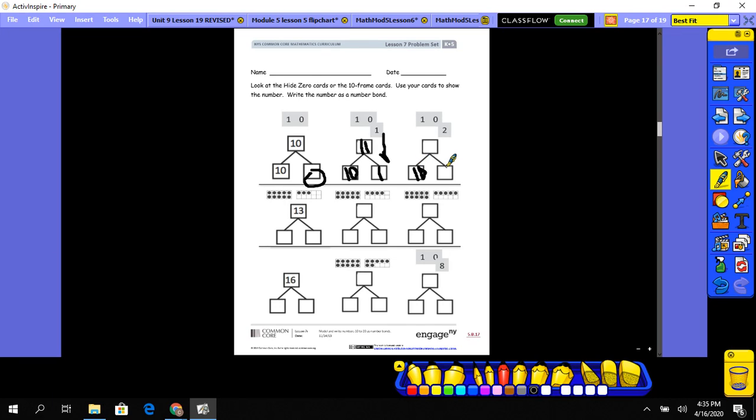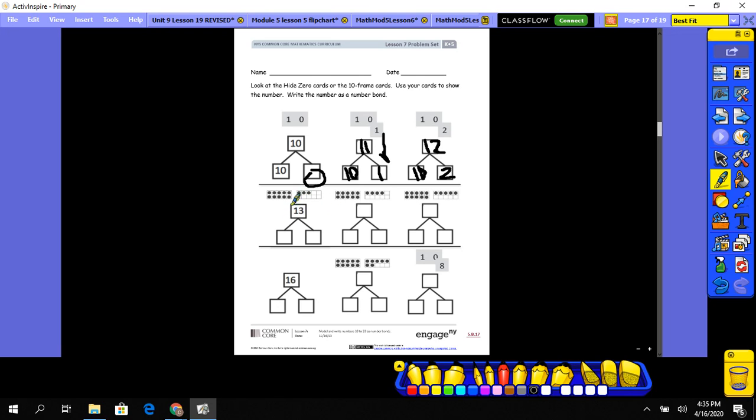And what goes here? The other part is 2. Think, hide the 0. What's the whole amount? 12. I write 12 as the whole amount. Does this 1 mean 1? No, it means 10.